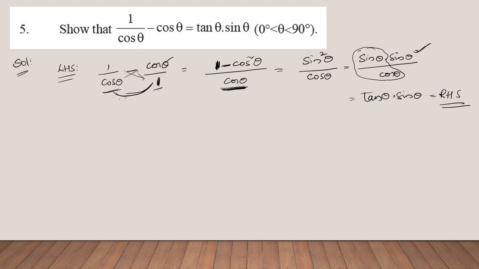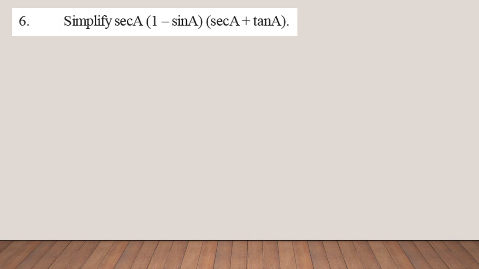Okay, next moving on to question number 6. So what is question number 6? What he has given is secant A into 1 minus sin A into secant A plus tan A. Okay, so this is the given question. Now how can you solve it?